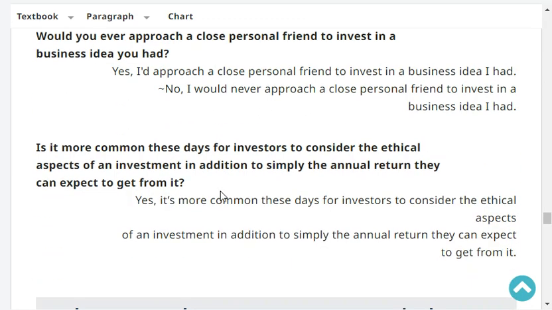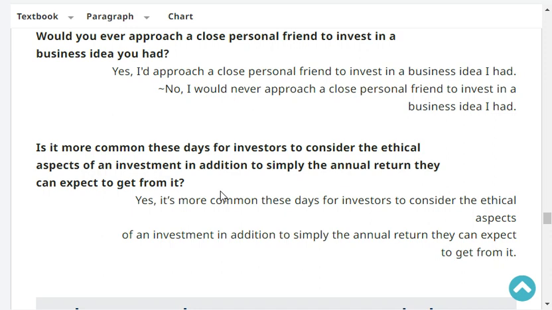Is it more common these days for investors to consider the ethical aspect of an investment in addition to simply the annual return they can expect to get from it?